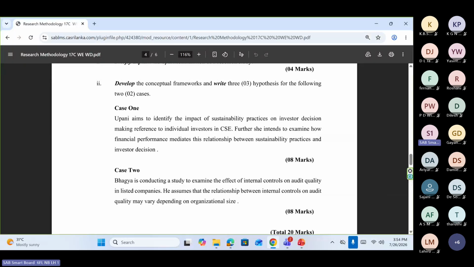And draw the mediation and moderation, conceptualize, independent, right?